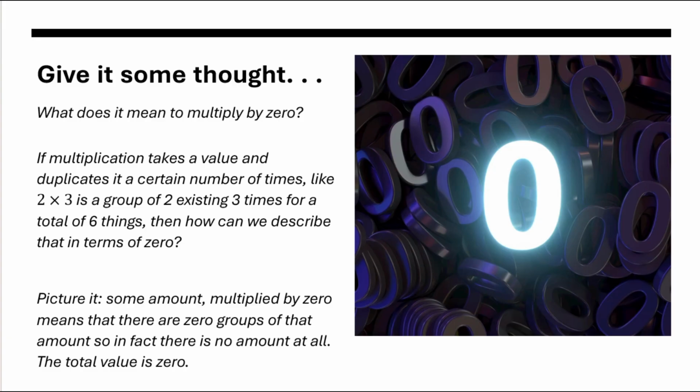This is one of those things that I would encourage you to try to picture in your head, or even draw a representation of it on a piece of paper. But you're going to have some amount, doesn't matter what it is. And if we multiply it by 0, that means that there are no groups of that amount.